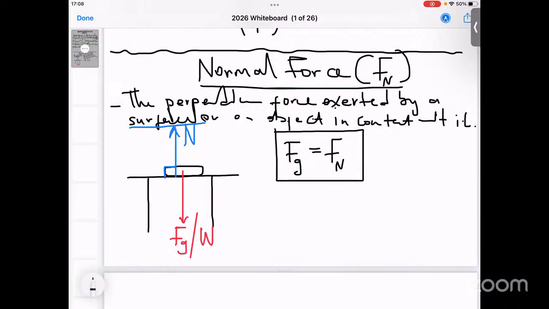In other words, the formula for calculating the normal force is equal to the formula for calculating the force by gravity, which is the mass of an object multiplied by the gravitational acceleration. But obviously, it will be in the opposite direction. As you can see, gravity acts downwards, but the normal force acts in the opposite direction, with the same magnitude.